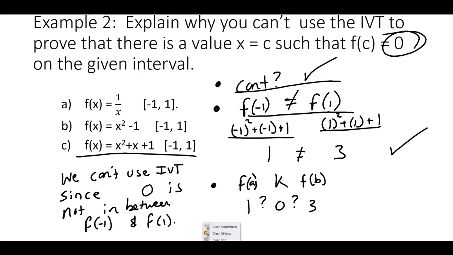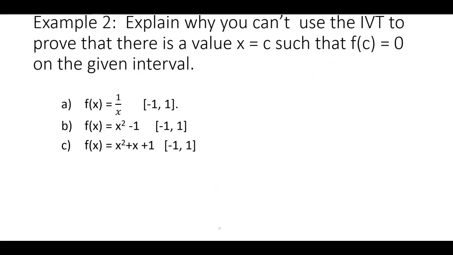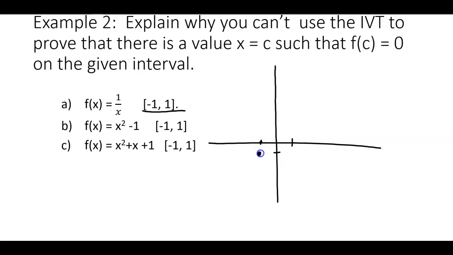Okay? Now, just for the heck of it, I'll give you a graphical explanation just to kind of bring it to life a little bit. So for the first one, let's say that we're going from -1 to 1 on the x-axis. And when I plug in -1, I get -1. And when I plug in +1, I get +1. And the question is, does it cross the x-axis? Well, this function's not continuous on the interval.